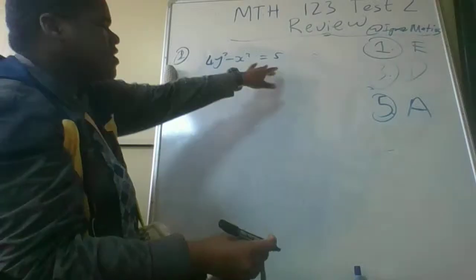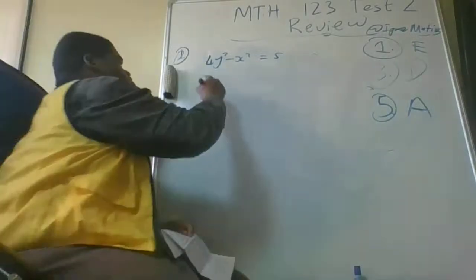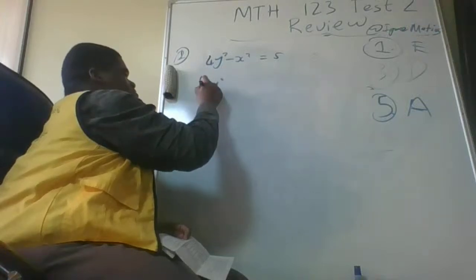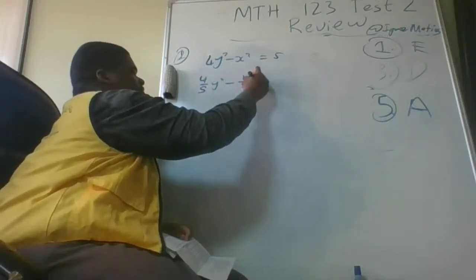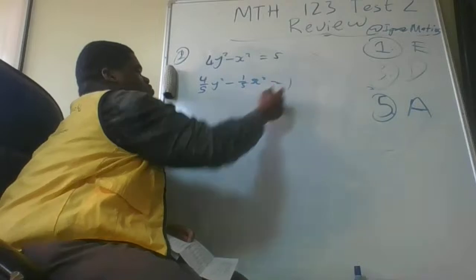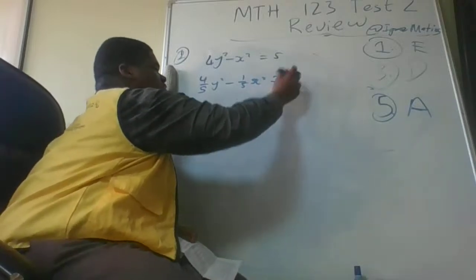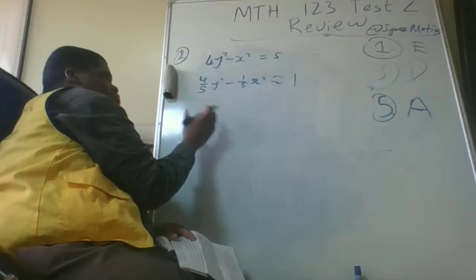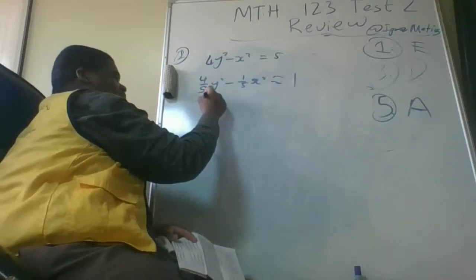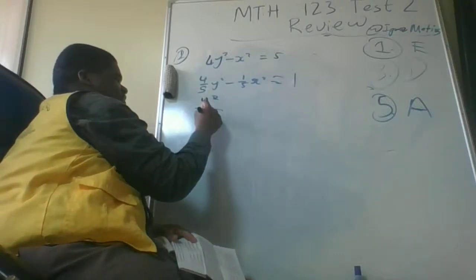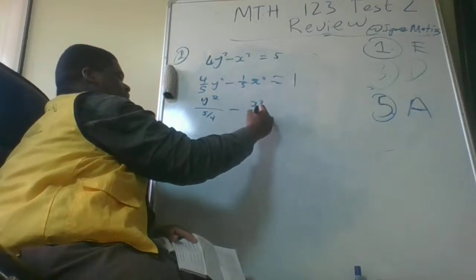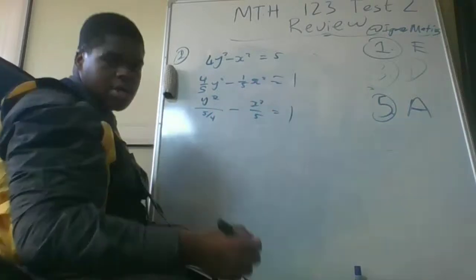We want to make sure that our right hand side is equal to 1. So you have 4 over 5 y squared minus 1 over 5 x squared is equal to 1. That is step 1. Step 2, you need to make sure that all these coefficients go down as denominators. So you have y squared divided by 5 over 4 minus x squared divided by 5 is equal to 1.